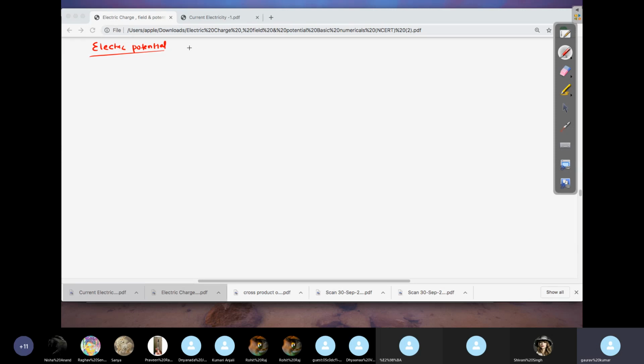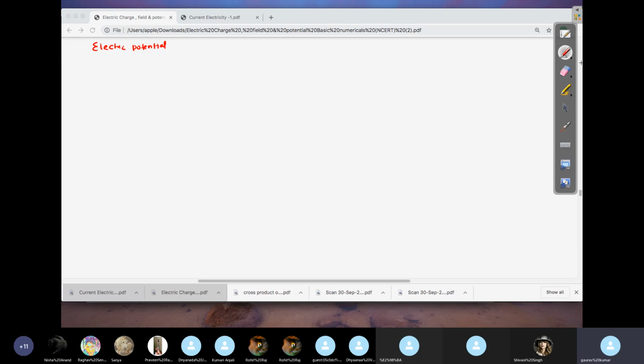To make this discussion very easy, we'll start with the electric potential concept with respect to a single point charge, and later we can extend this concept for any system of charges. Let's see. First of all, we'll study this concept with reference to a single positive point charge.